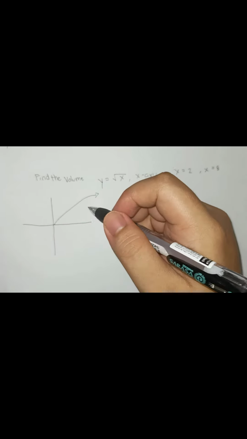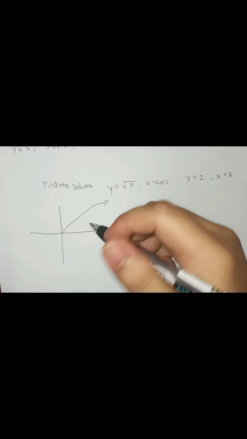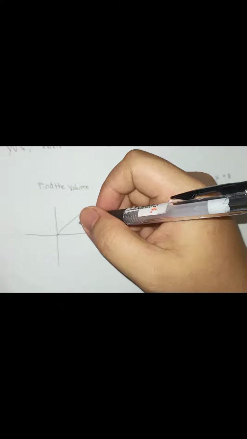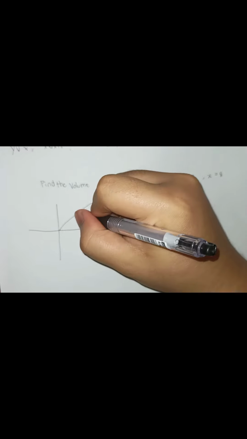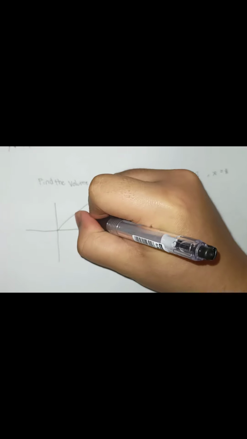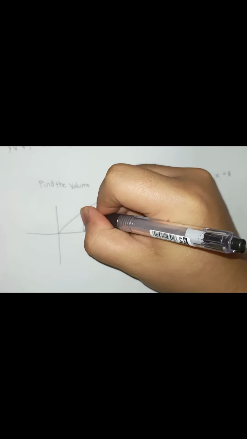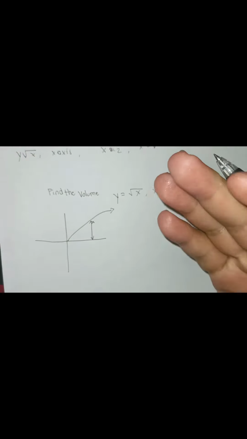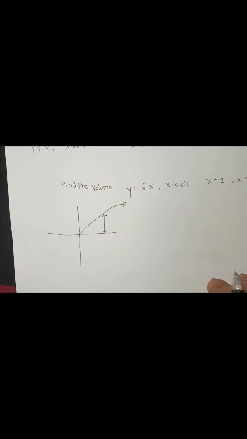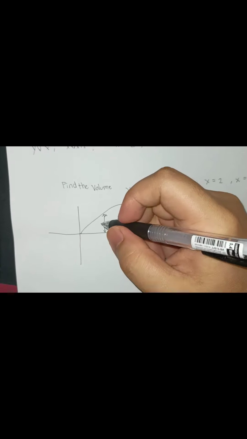Now after we draw this, we know that the radius is the distance between the curve and the axis of rotation, in which our main intent is to rotate about the x-axis.